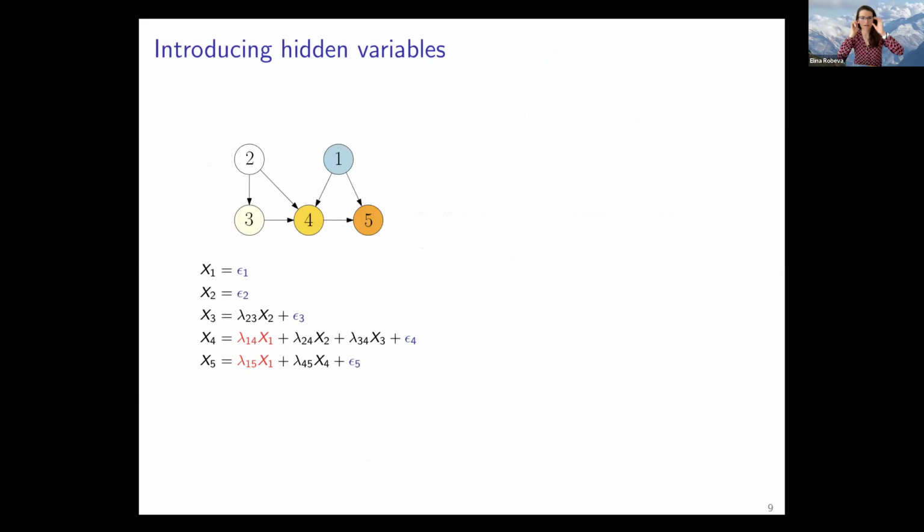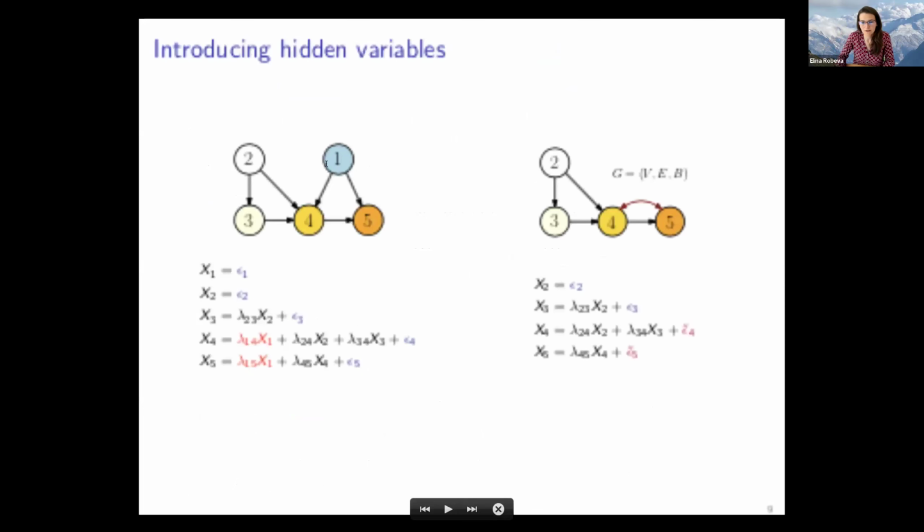so I want to say a little bit about what happens if there are hidden variables and what happens if there are cycles. So if we have hidden variables, we have the following setup. Here's our original structural equation model. Suppose that the variable 1 is actually unobserved. Then we would subsume this part into the noise. So x4 is now some linear combination of x2 and x3 and some noise epsilon 4 tilde.